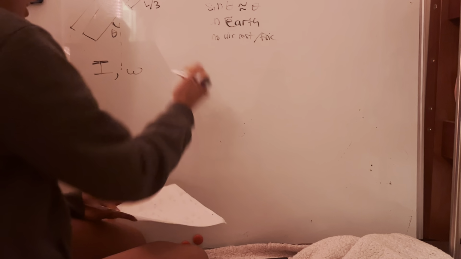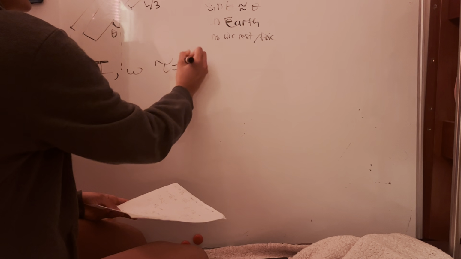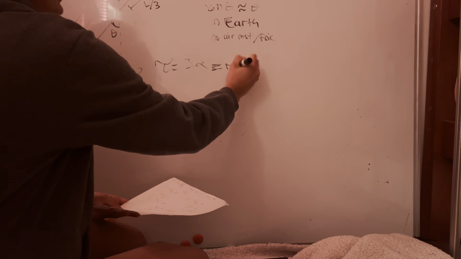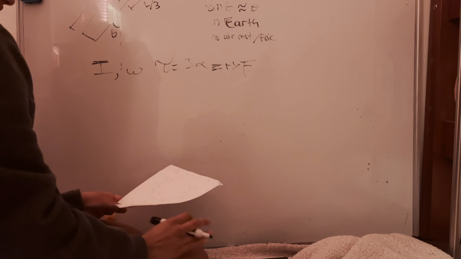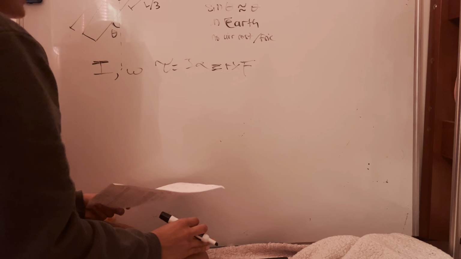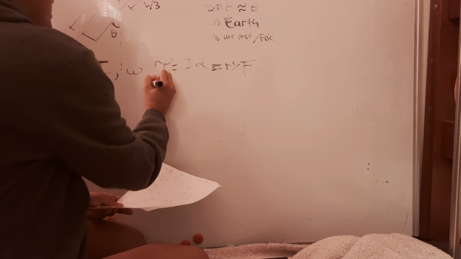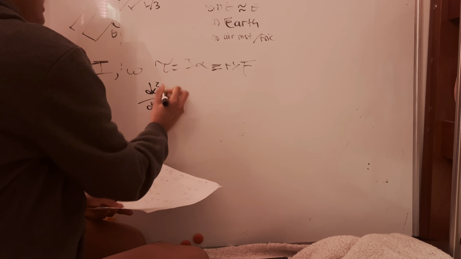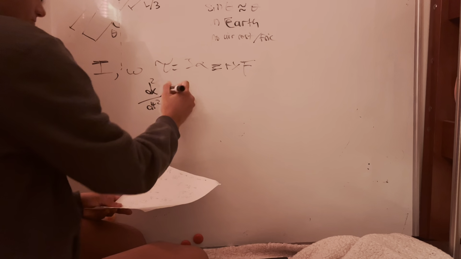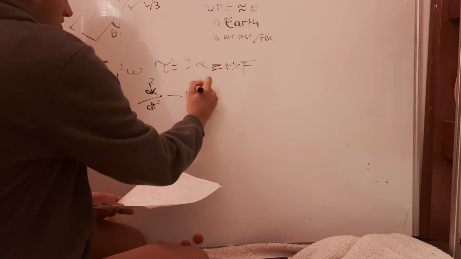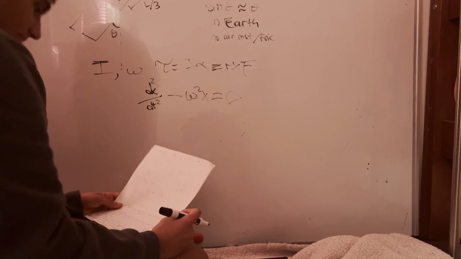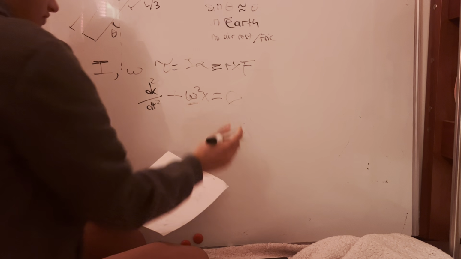We'll also be able to apply torque equals I alpha, or r cross F in this case. And since it's an object in simple harmonic motion, we also know that d squared x over dt squared plus omega squared x is equal to 0, which we can then use to solve for omega.